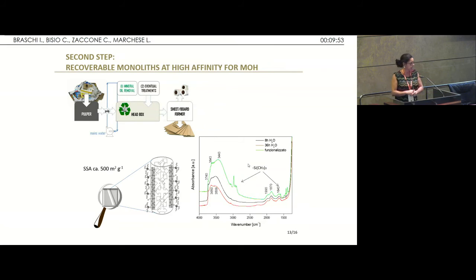We produce it in the form of a cylinder, and the idea is to add this sorbent in the head box, in the container where the cellulose has already been washed, and is ready to be spread for forming the paperboard.